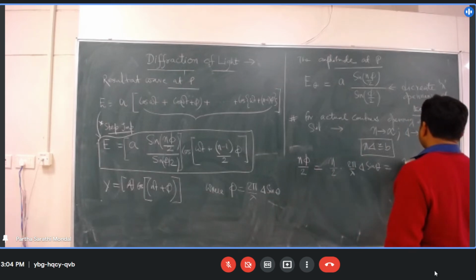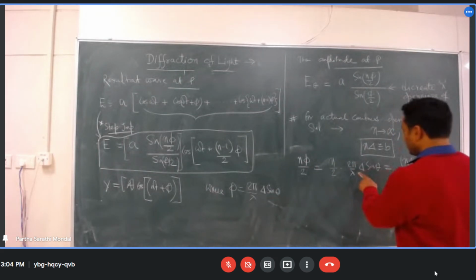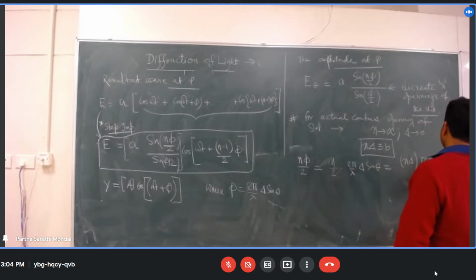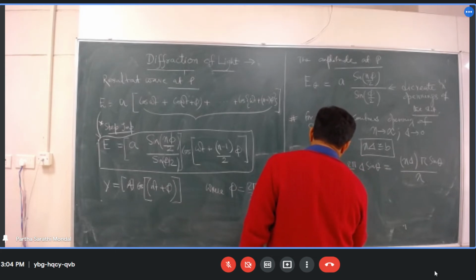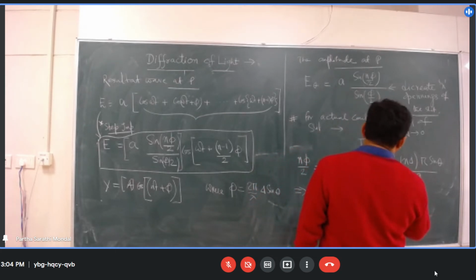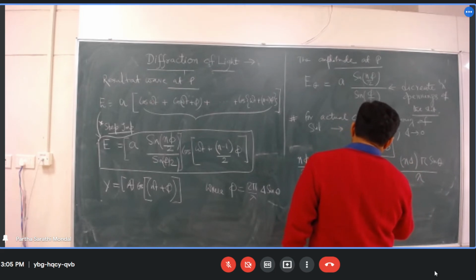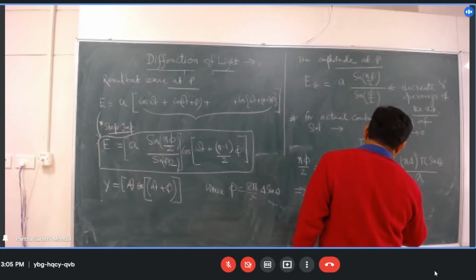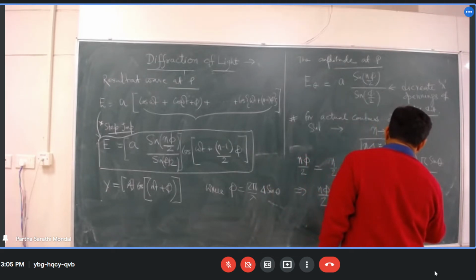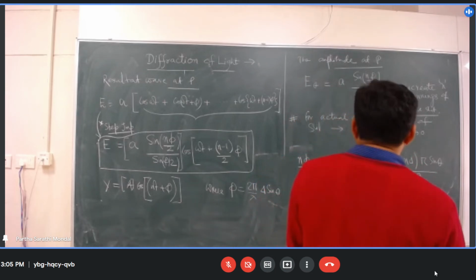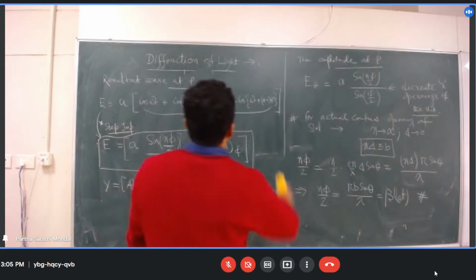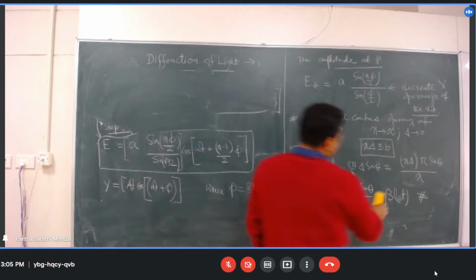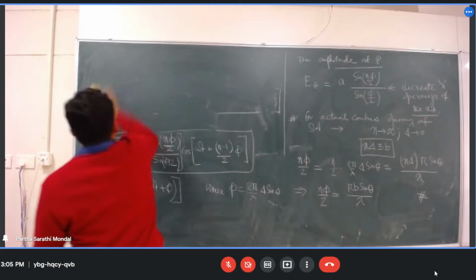You can write nδ together, because we need to use that. So the 2 and 2 cancel, and nδ becomes b. So nφ/2 equals πb sin theta divided by λ. Let's say this is beta. This will be useful later. That is one done. So now we will take φ/2 also and try to convert it in terms of beta. Maybe we will take it later.